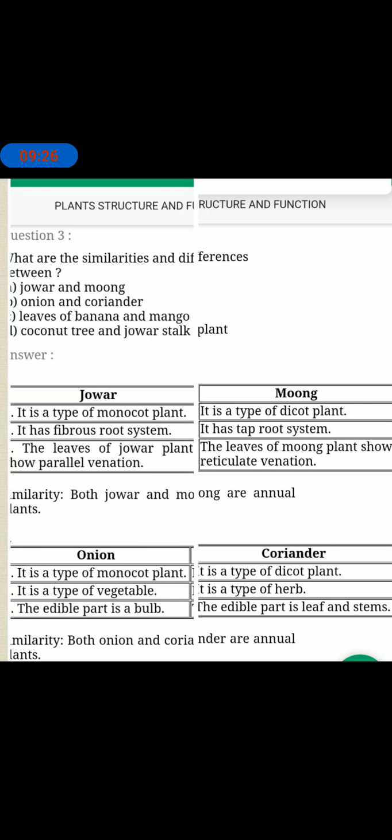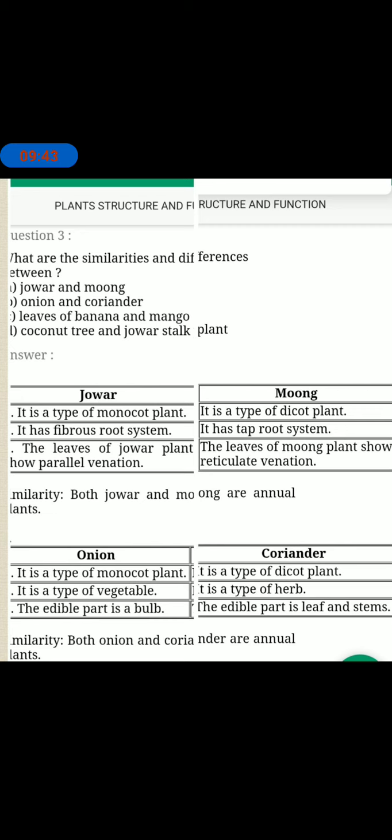Why monocot? Because when we soak the jawar seeds in water and gently press them, they cannot be divided into two equal parts, whereas a moong seed, if we gently press it, will break into two equal parts. That we call a dicot.